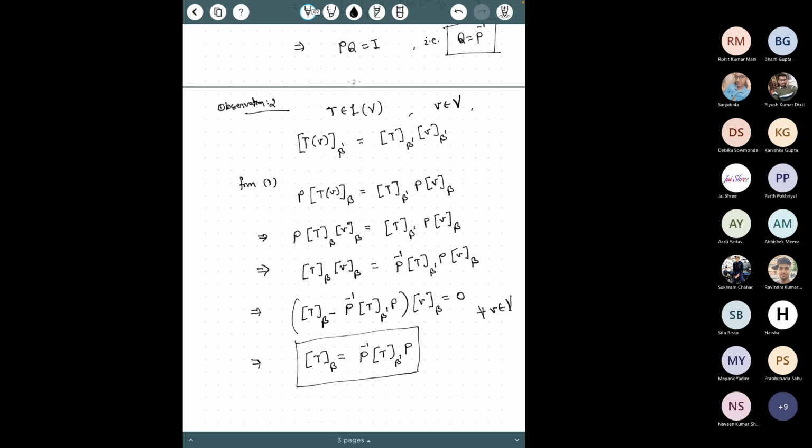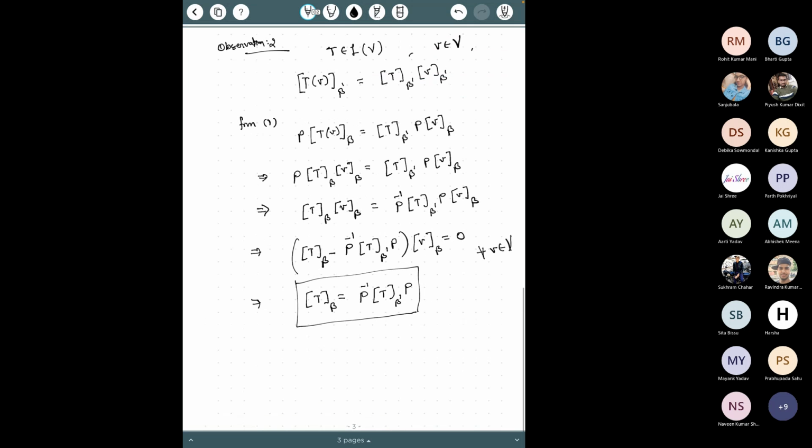Similar matrices. So if we have two bases, and we have the matrix representation of a linear transformation with respect to these two bases, then we can say that they are related, or they are similar. So these matrices are similar.